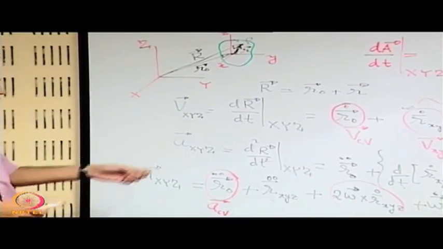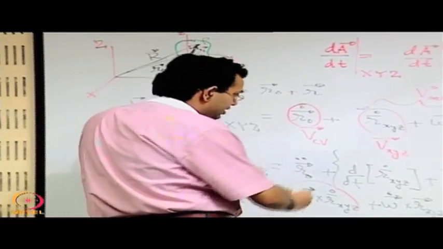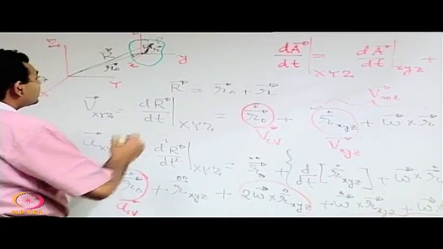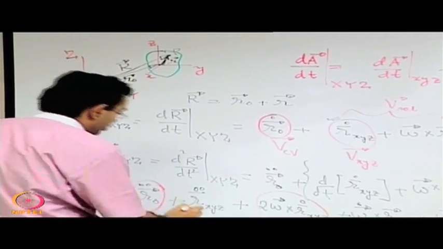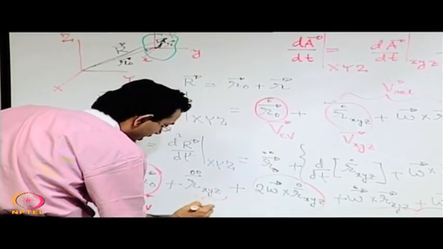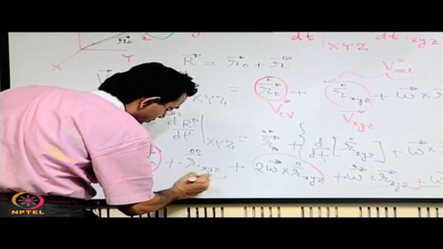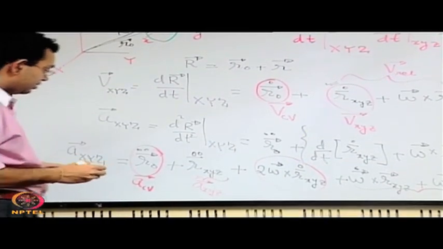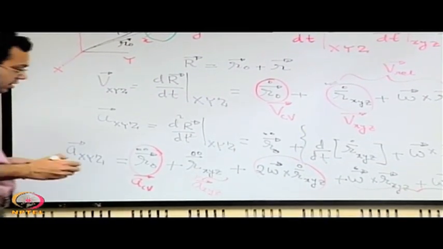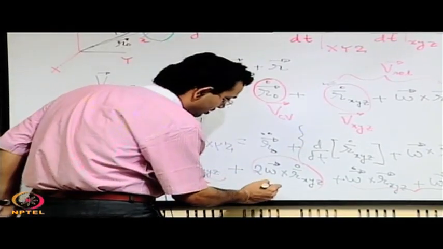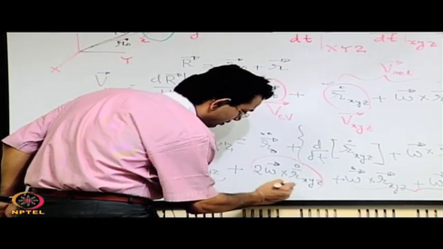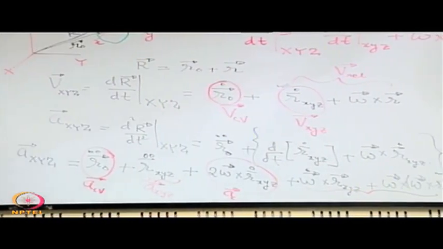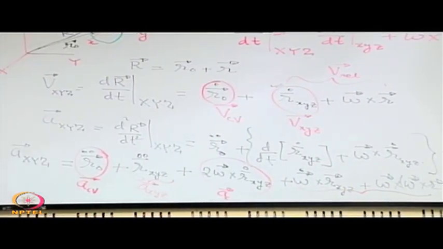Now, what we can do is we can just write it in a bit of a more compact way. We can write this term as A small xyz, and all the remaining terms like this we know this is like A Coriolis, and this is the angular velocity effect and angular acceleration effect.